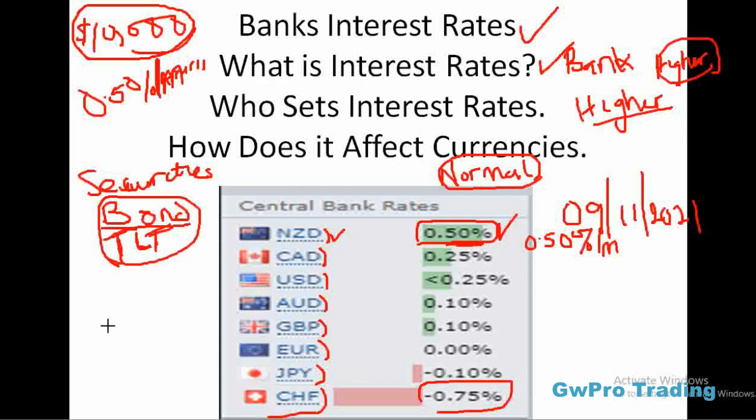When interest rate goes up, bond price goes down. All right. This is vice versa. When interest rate goes up, we have the bond price coming down.